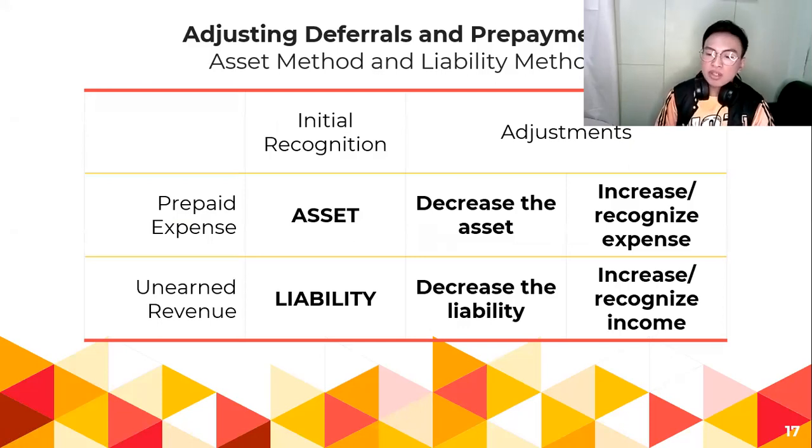the adjustment will always be a decrease in asset, depending on the to be recognized expense, which will be the used portion of your prepayments. Yeah? And for the unearned revenue, we have the liability as the initial recognition.